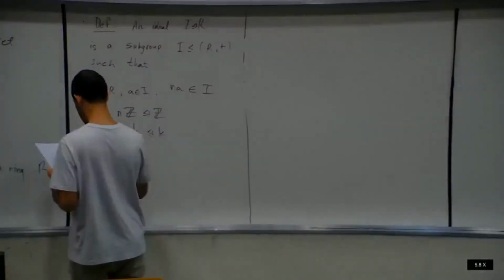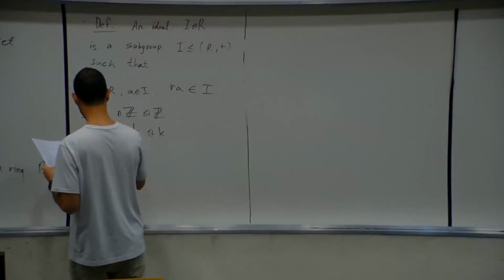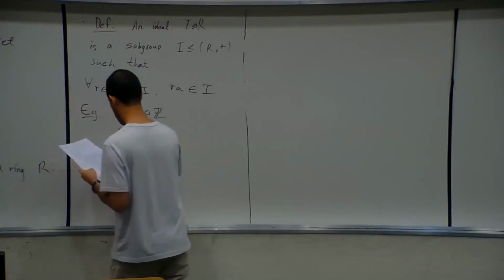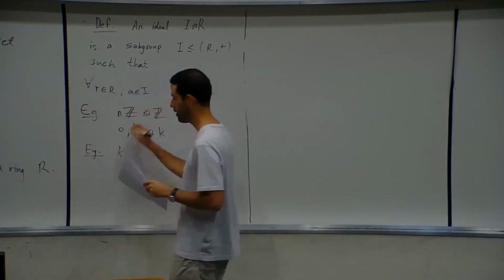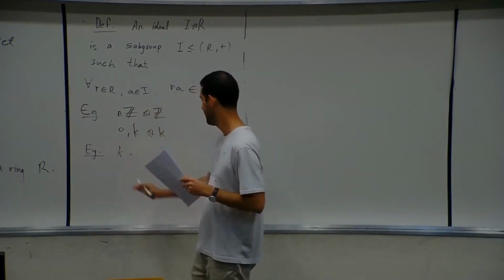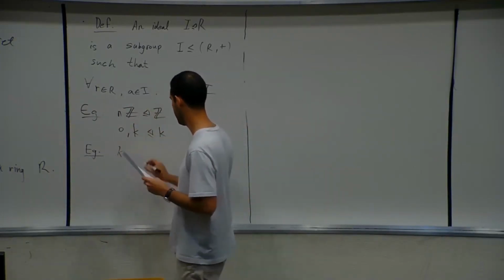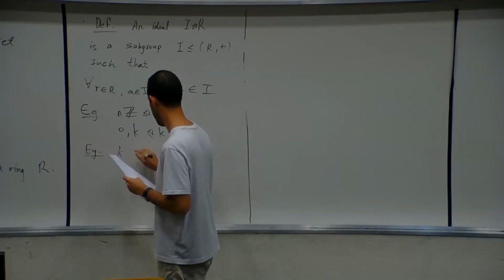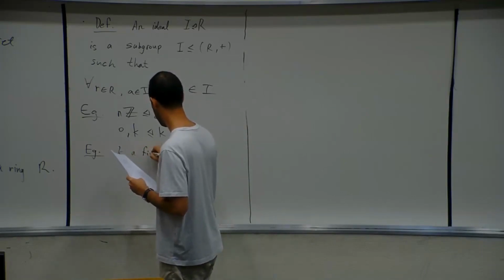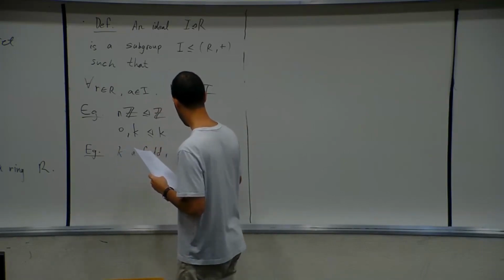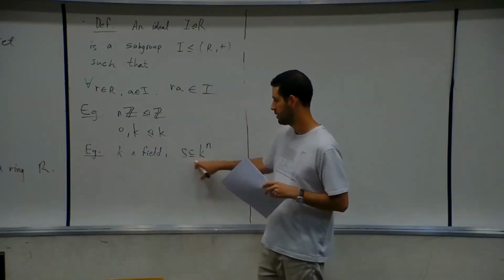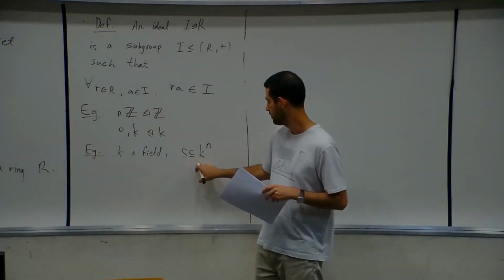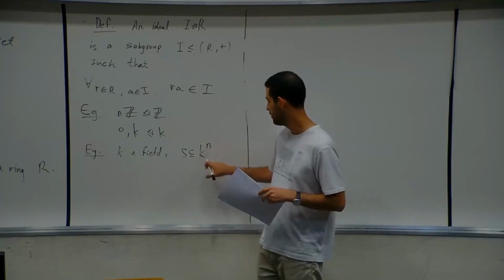Okay, let's have another example. Let K be a field. K will always denote a field. Take S a subset of K to the n, just a set of points in K to the n.